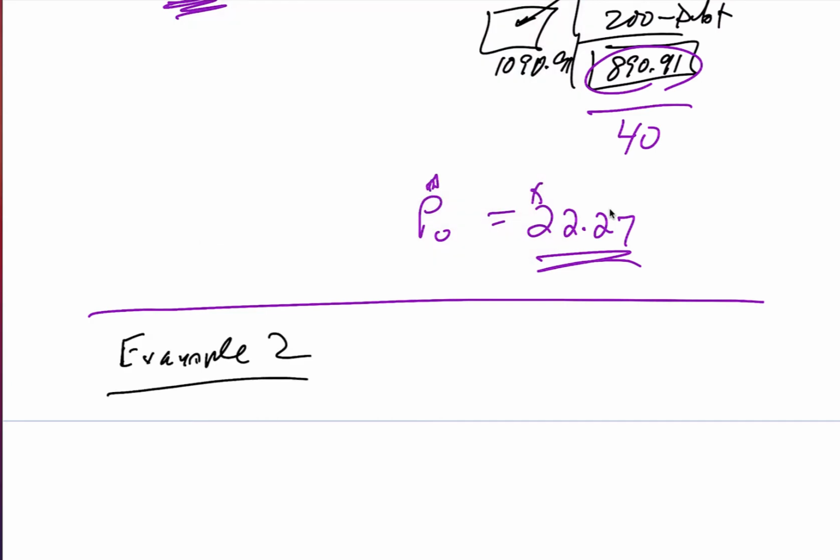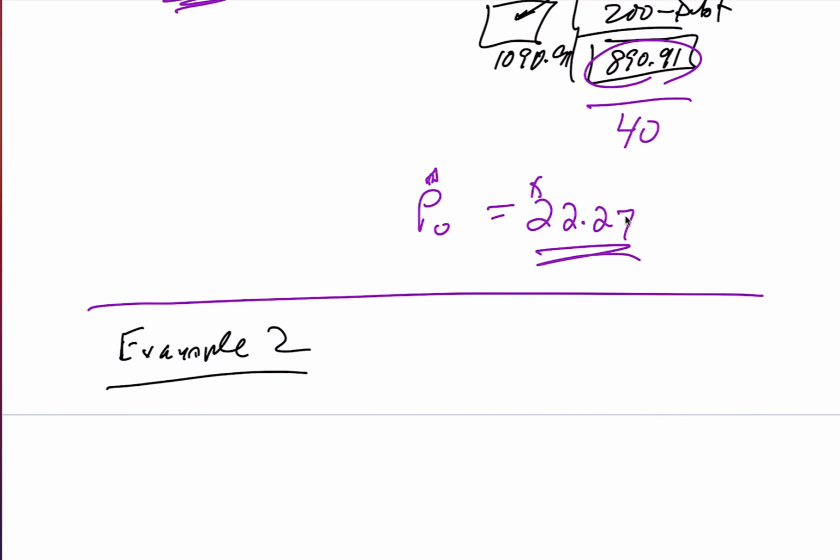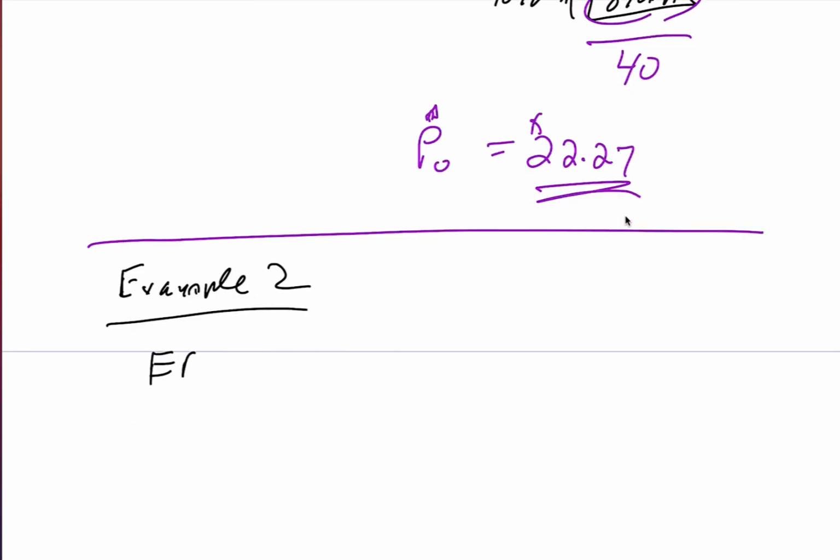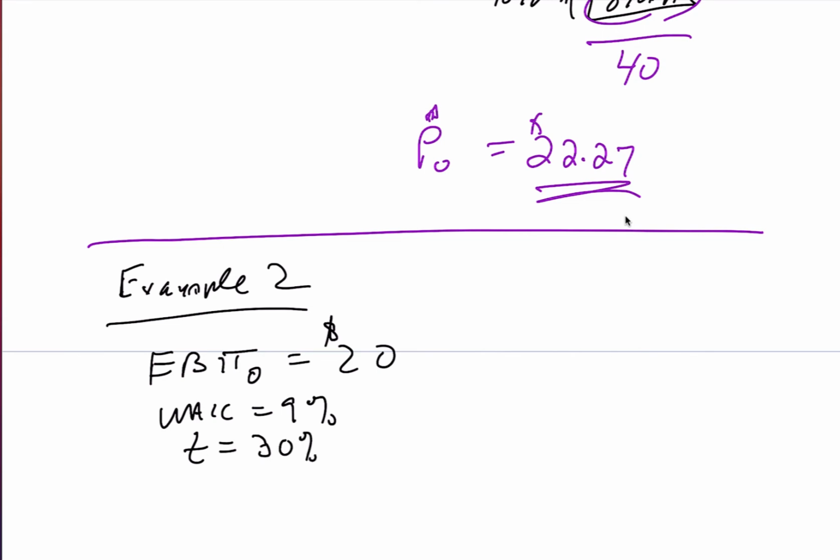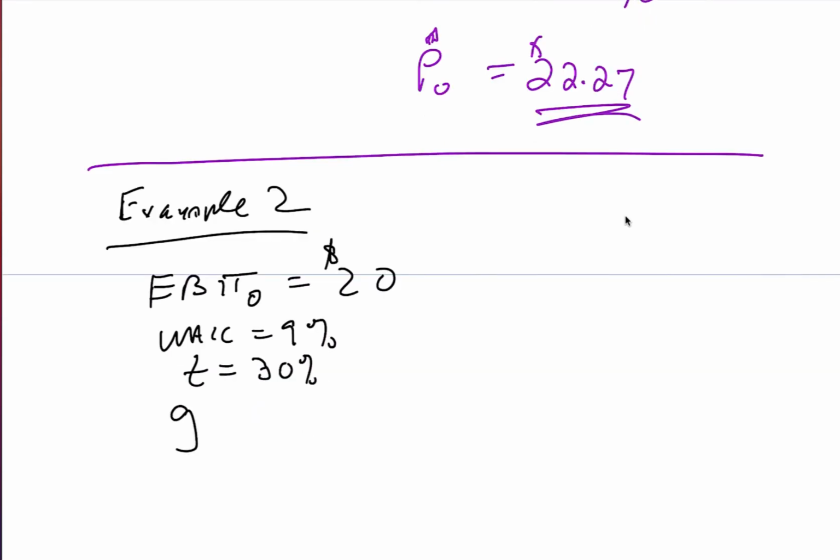Example 2. Here is the information. EBIT at time 0 this time is $30. Weighted average cost of capital, 9%. T, the tax rate, is 30%. Growth rate for free cash flow, first period. This is going to be, by the way, a two-stage growth model. 2 stages.